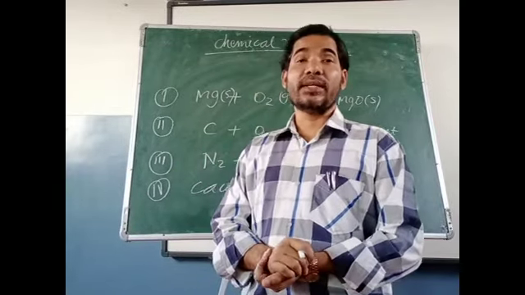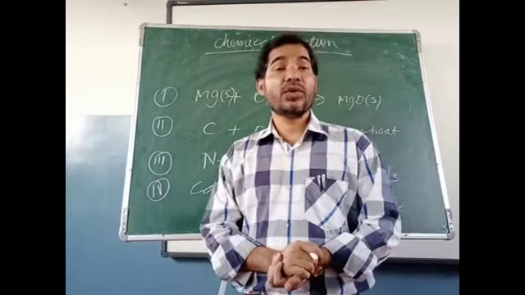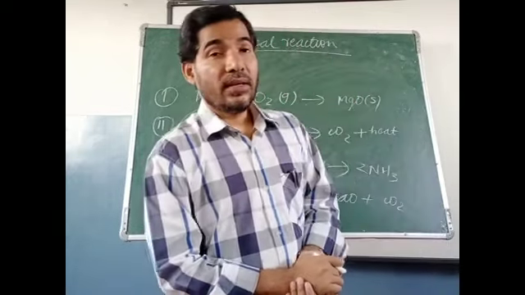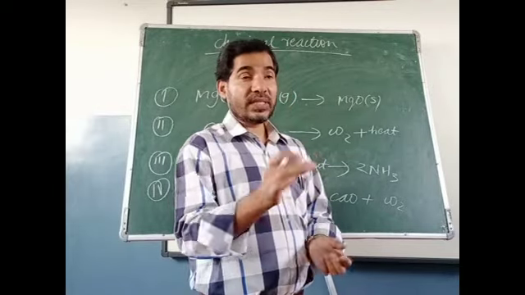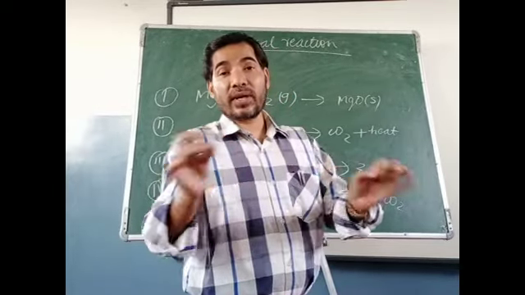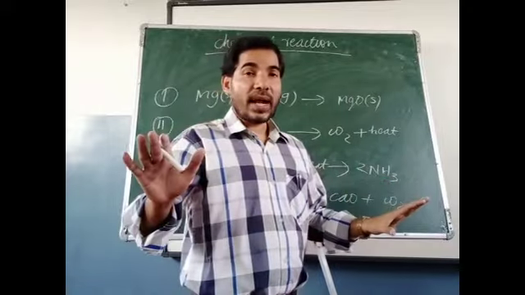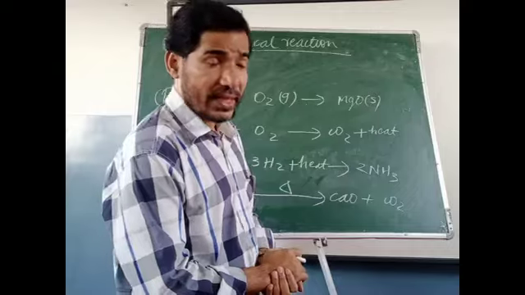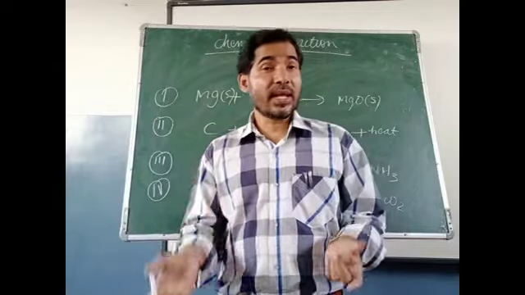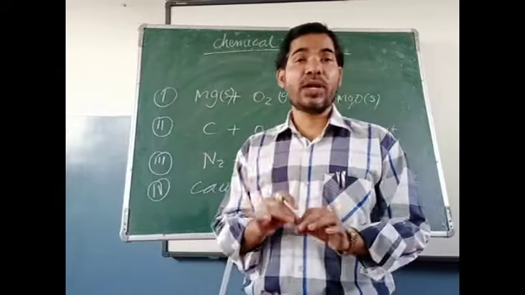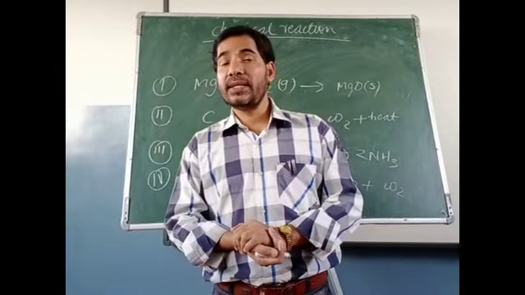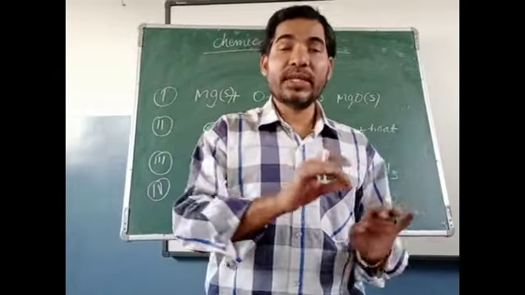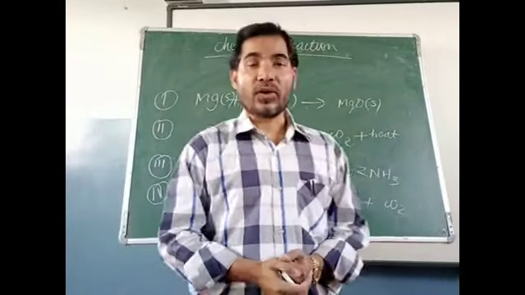But there are two things about which a chemical equation does not tell us. First is time: the time taken in the completion of a chemical reaction, we cannot understand by using a chemical equation. And second is mass: the amount of reactant and product which participate in that chemical reaction, we cannot understand by using a chemical equation. Okay, for today it is enough.